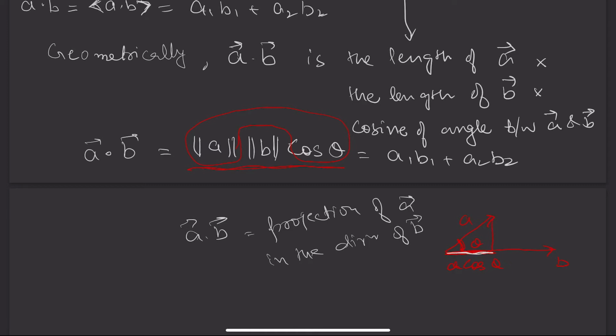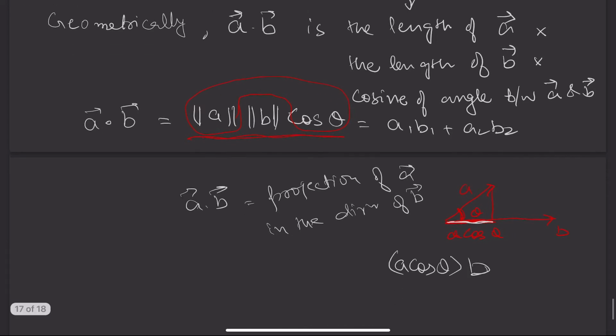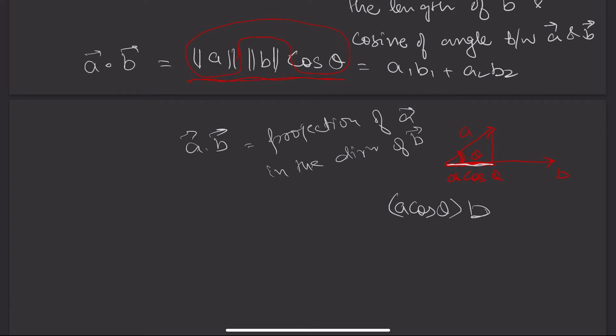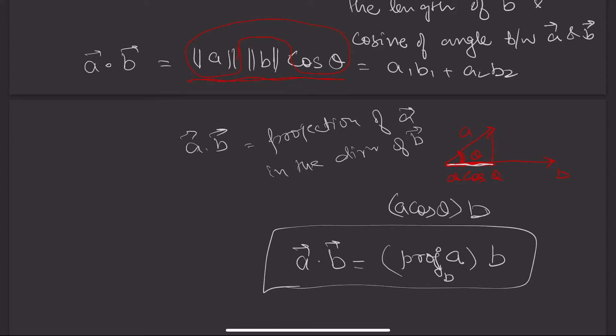So as we can see, it's A cos theta times B, where A and B are the lengths of A vector and B vector. So we can also write it as projection of A in direction of B times B. So A vector dot B vector is also equal to this. This is read as projection of A on B.